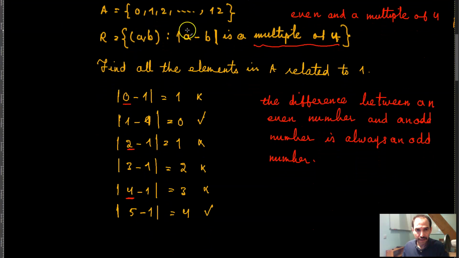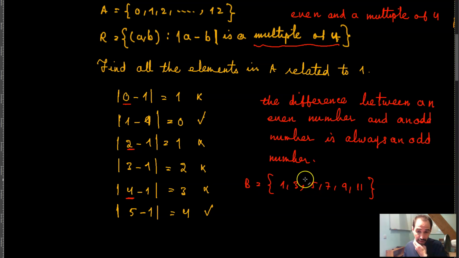So that means that, of all of these numbers, first of all, the even numbers I have to discard, meaning that I write, for example, some set B as 1, 3, 5, 7, 9, and 11. These are all the odd numbers that I have.